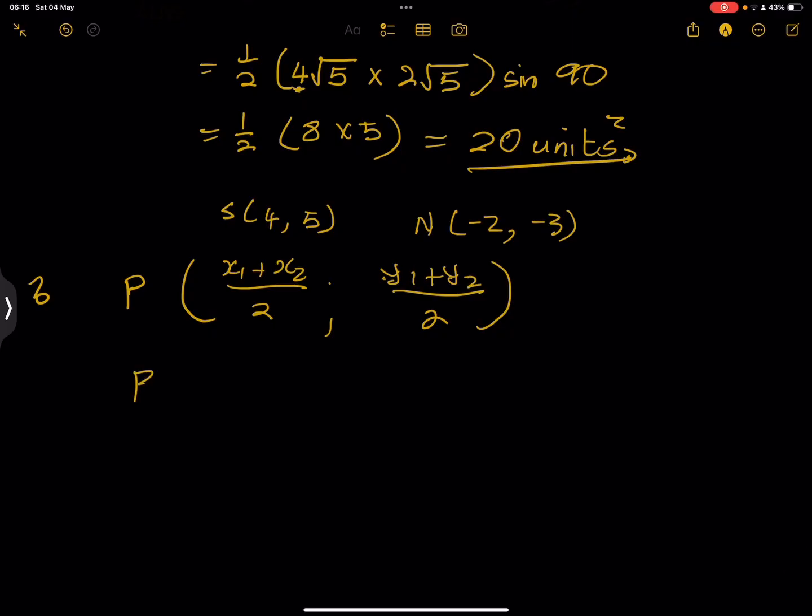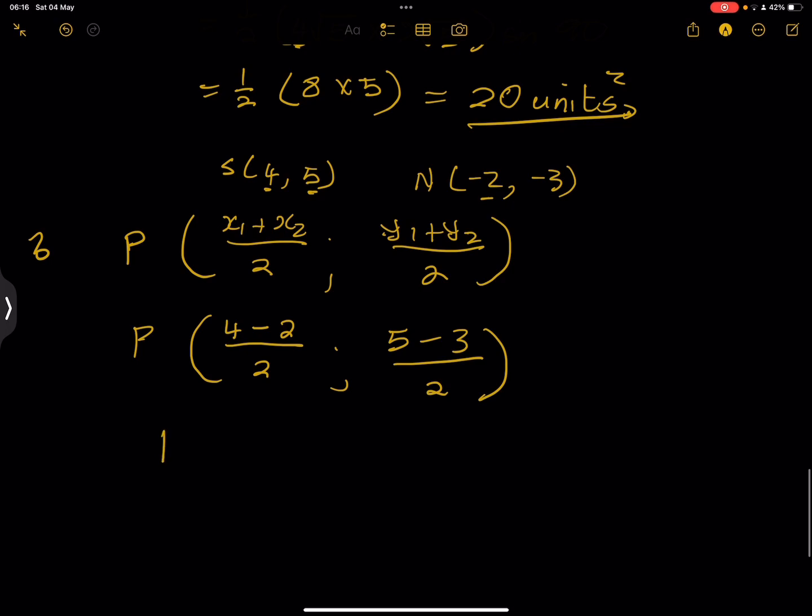So the point P in this case would be 4 minus 2 divided by 2 for the x value. And for the y value, that would be 5 minus 3 divided by 2.